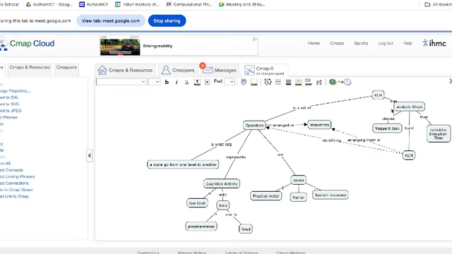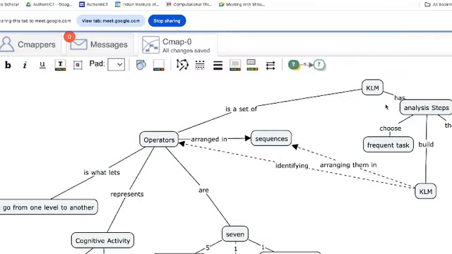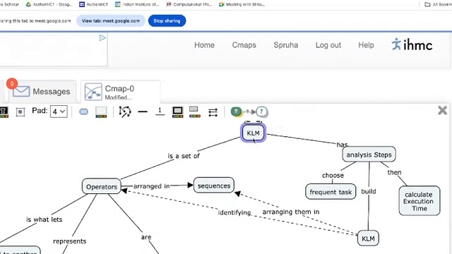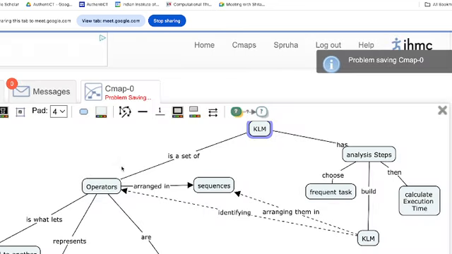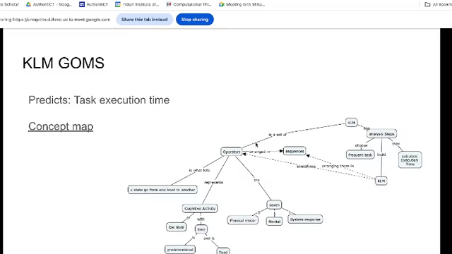Yeah, so this is my CMap tool. I'm now going within it. Beginning with this KLM, this keystroke level model is a set of operators. It is a set of operators which are arranged in sequences.